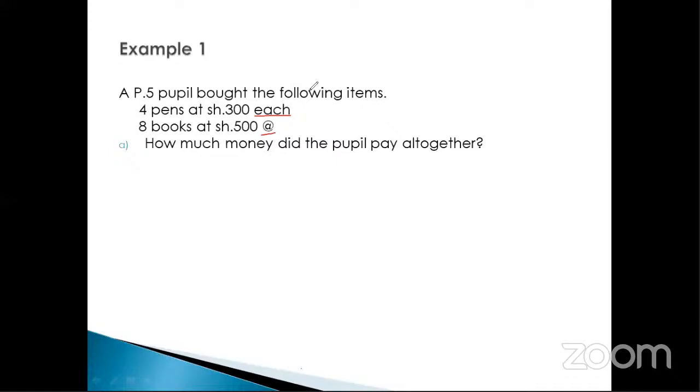Aaron, what does that statement mean? Yes, Aaron? It means each pen is 300 shilling. Are we together? How about Abigail? Does it mean now all the 4 pens is only 300? Abigail?